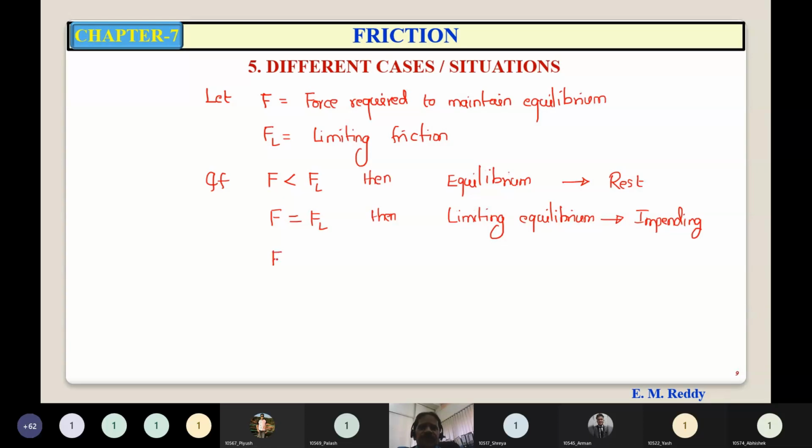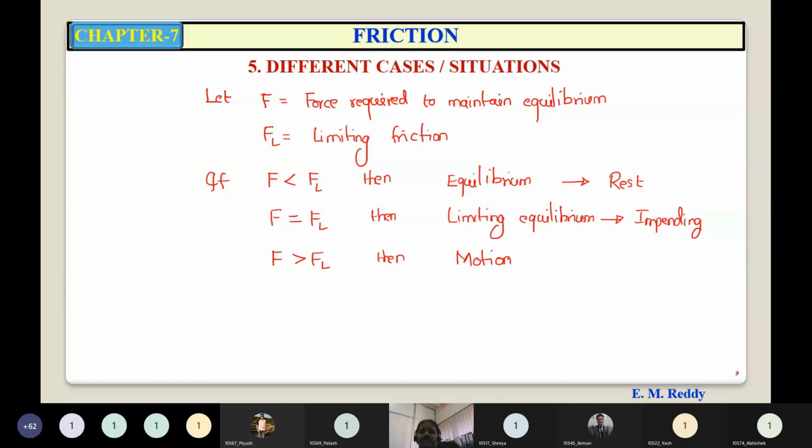Suppose F is greater than Fl, then what is your comment? The force required to maintain equilibrium is greater than the limiting friction. That means the body is in motion, not in equilibrium.